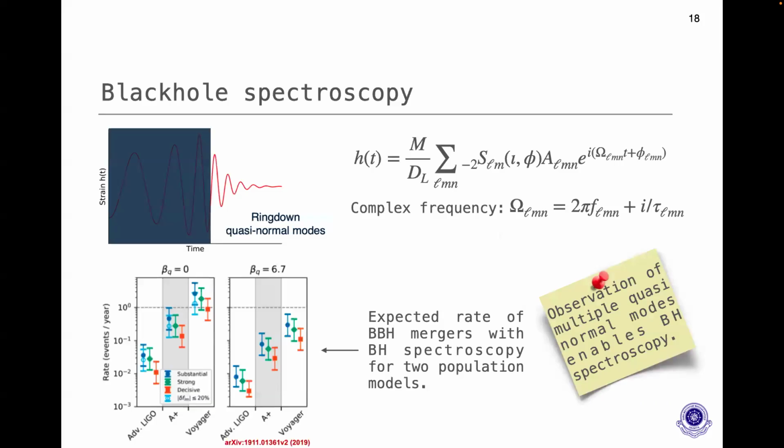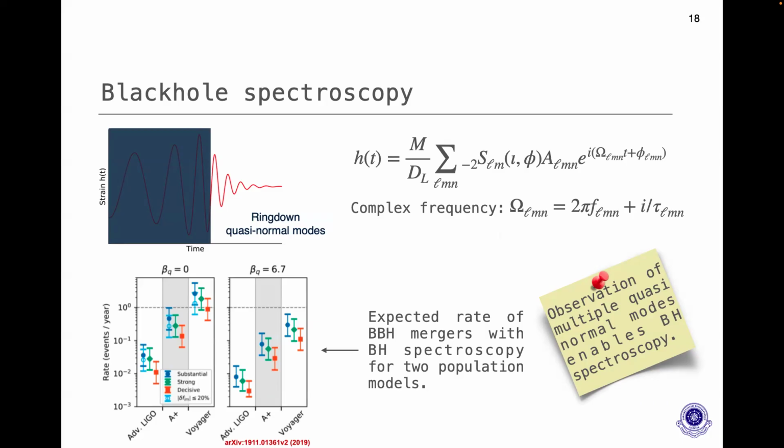Okay, now I will move over to a different test, for which we will be using the ringdown part of the waveform. That is known as black hole spectroscopy. What do I mean by black hole spectroscopy? The ringdown part of the waveform can be modeled using the quasi-normal modes of the perturbed black hole.